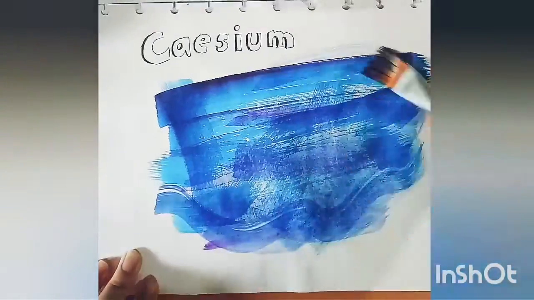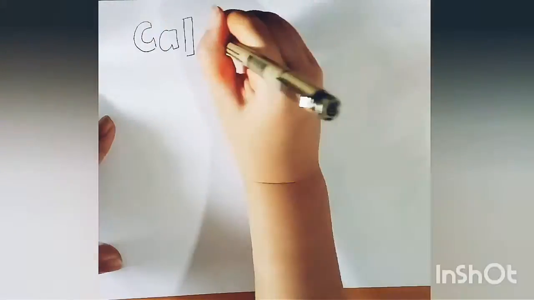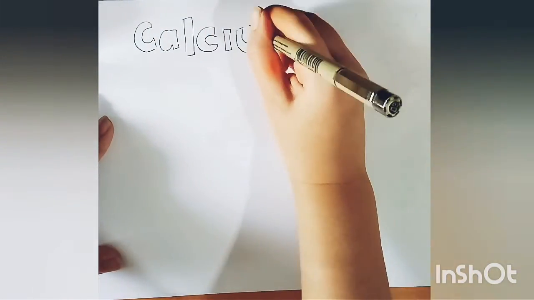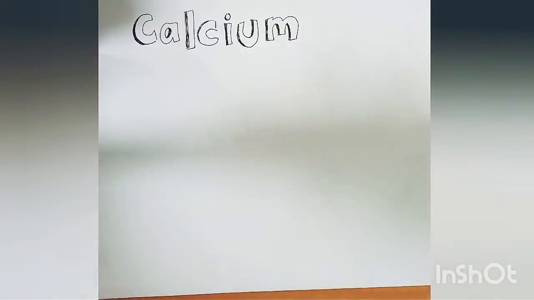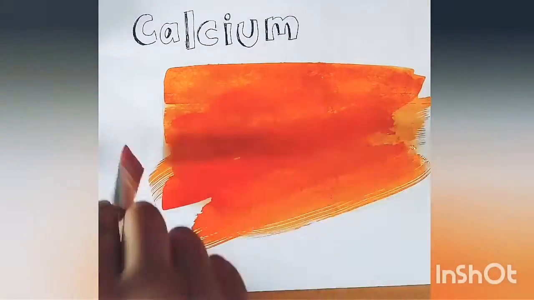Calcium produces an orange-red color. Strontium produces a red color.